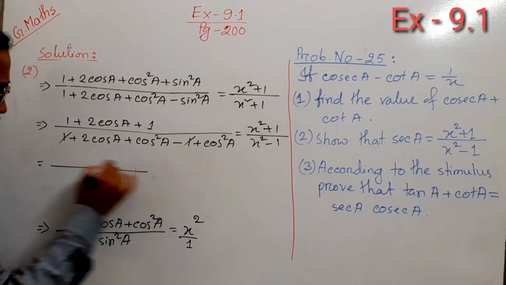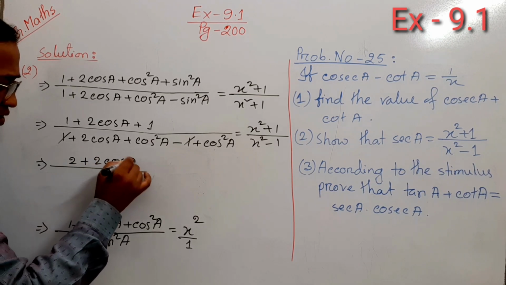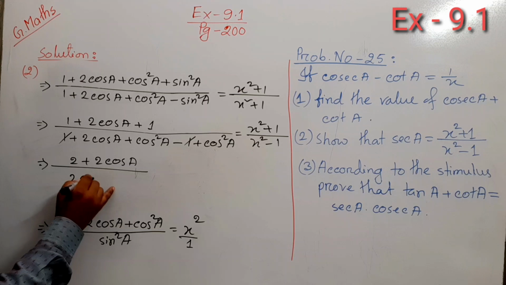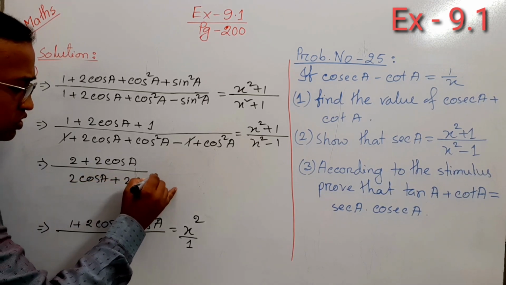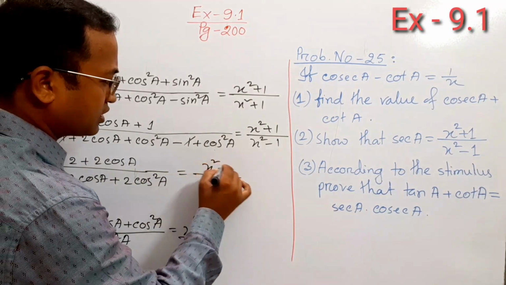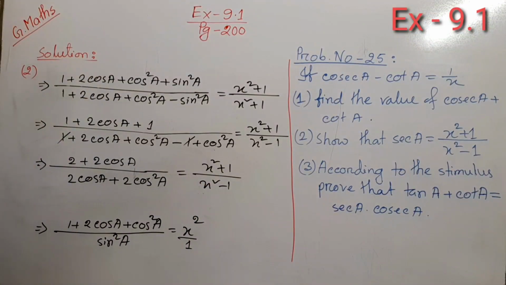In the numerator it is 2 plus 2 cos A, and in the denominator it is 2 cos A plus 2 cos square A, equal to x square plus 1 by x square minus 1.